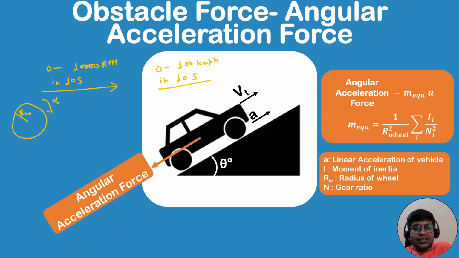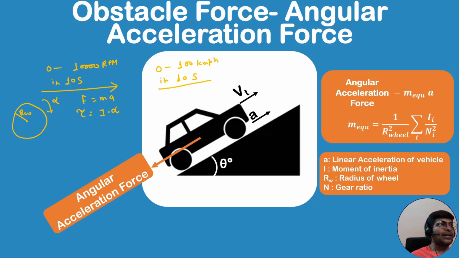In the linear system, we know F is equal to ma, where a is the linear acceleration. For a rotating system, F is replaced by the torque and m is replaced by the inertia of the component. And here, instead of linear acceleration, we write the angular acceleration.